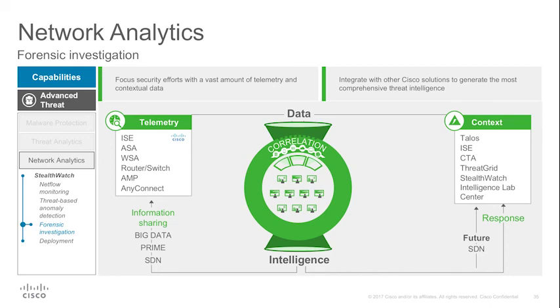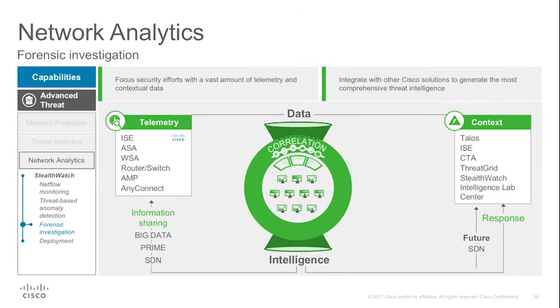With all this visibility and sophisticated behavioral analytics, StealthWatch generates threat intelligence that quickly pinpoints threats like APTs, insider threats, DDoS, and zero-day malware. This enables more effective forensic investigation, so security teams can better understand exactly what happened and how far the infection has spread.